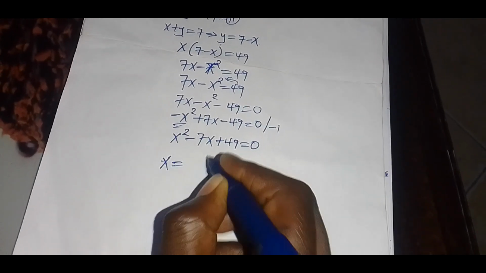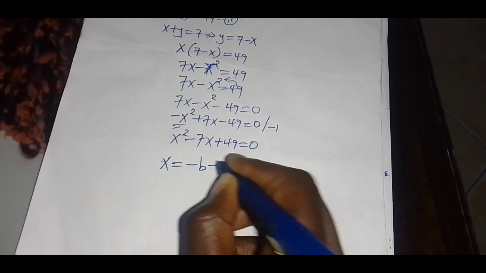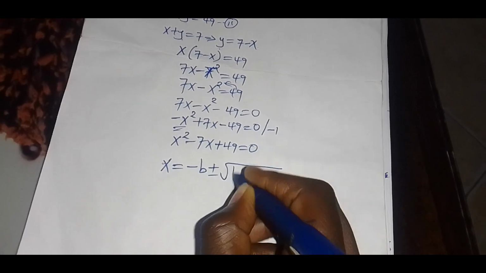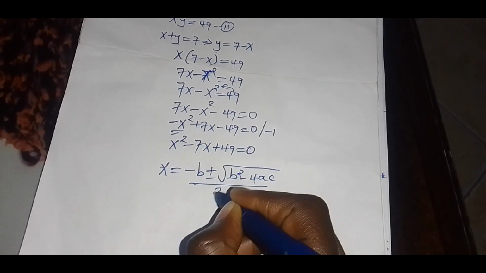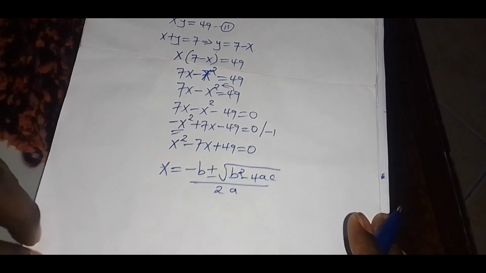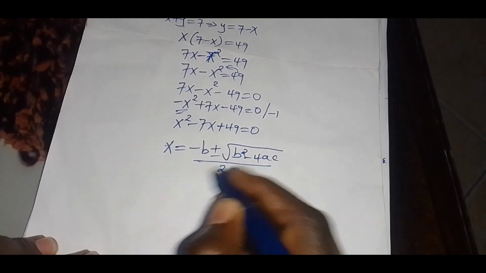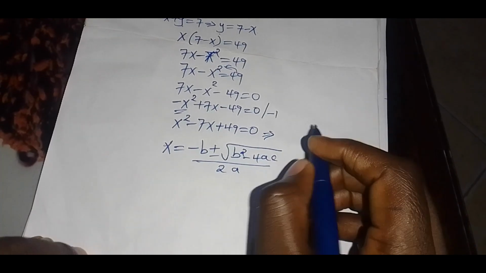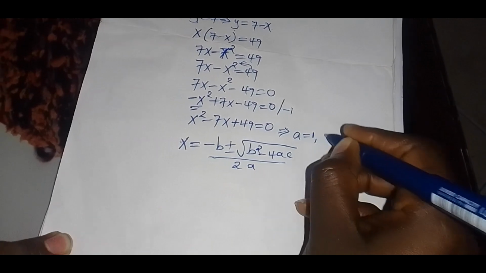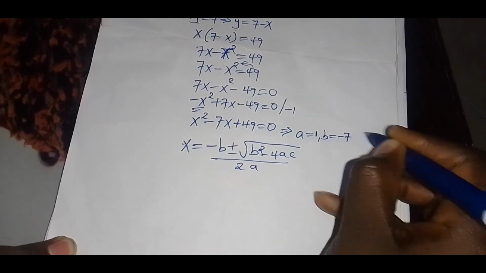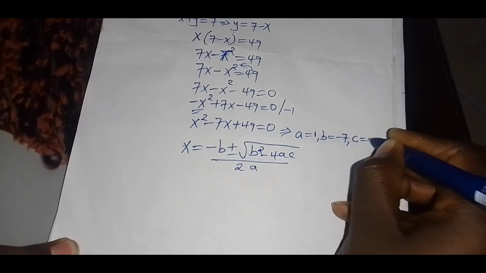So we introduce the quadratic formula, which states that x equals minus b plus or minus the square root of b squared minus 4ac, divided by 2a. From our quadratic equation, we have a is equal to 1, b is equal to minus 7, and c is equal to 49.